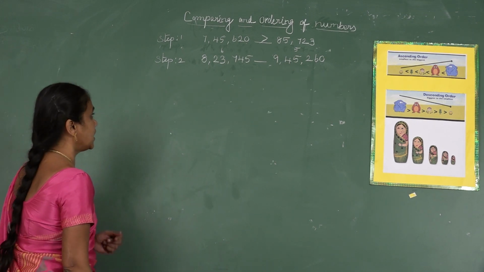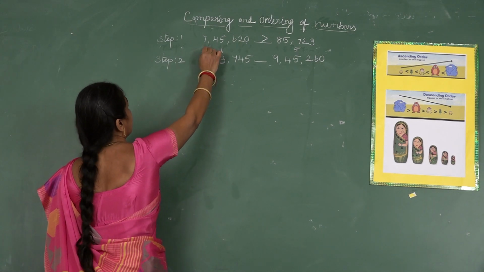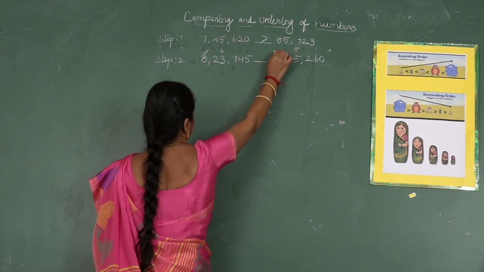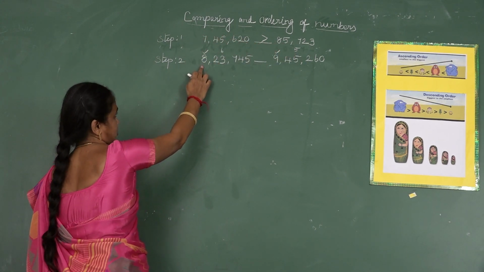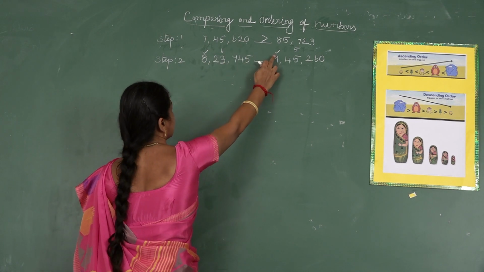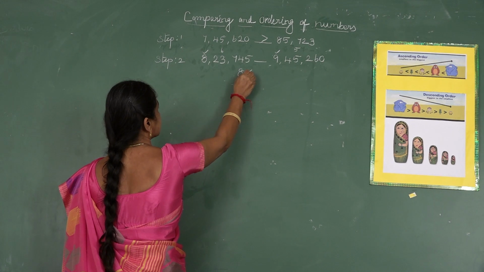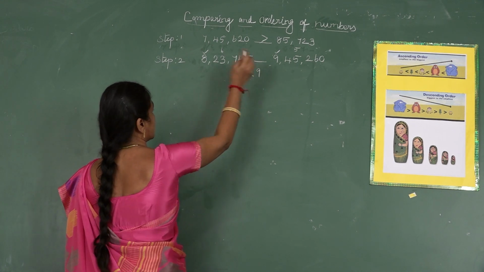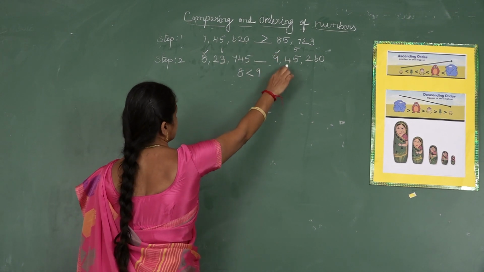So we compare the leftmost digit. The leftmost digit is lakhs digit. In the lakhs place, here 8. In the lakhs place, here 9. The 8 is less than 9. So this number is less than this number.